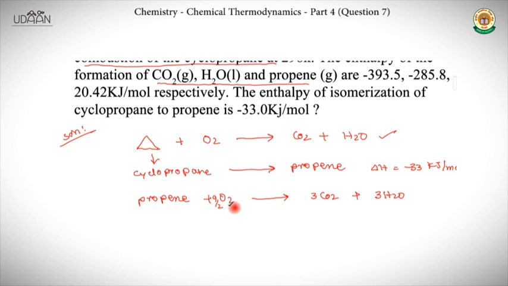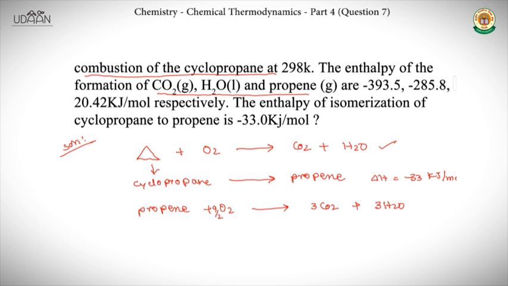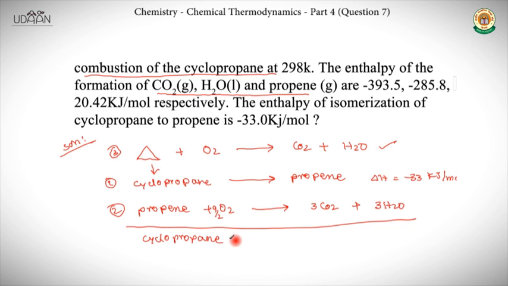So why are we doing it exactly? In the question they gave the enthalpy of formation of carbon dioxide, water and propene. And here, if we add these two equations, 1 and 2, we'll get this third equation: cyclopropane plus oxygen gives carbon dioxide plus water, and propene gets cancelled here.